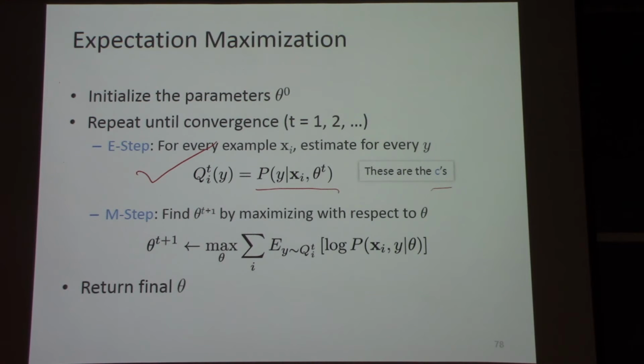So now we have an estimate of Q for every training example, given the current model. So now we can look at the M step. But before that, any questions?